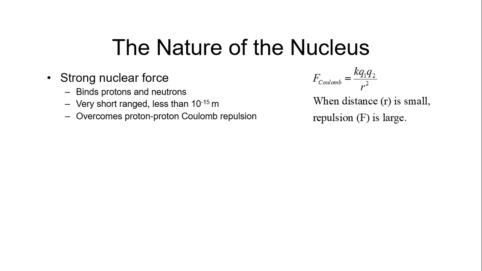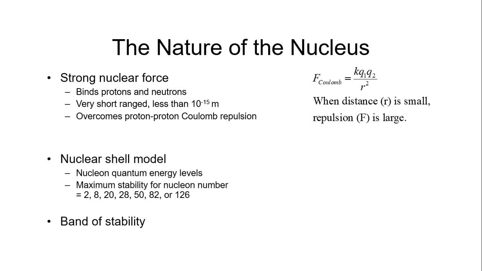Now, when you have large numbers of protons, you're going to need more neutrons to help with the strong force. That's what neutrons do, is they help with this strong force. And so we look at what's called the nuclear shell model, which is the number of nucleon quantum energy levels, the number of nucleons needed for this strong force to exist.